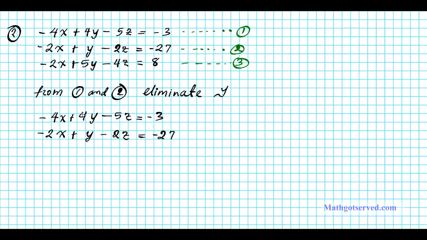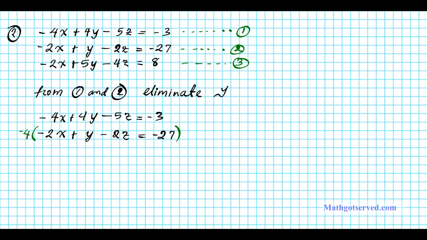Okay, so equation 1 has positive 4 as its coefficient. So the opposite of positive 4 is negative 4. So what we'll do is multiply equation 2 by that value, negative 4.